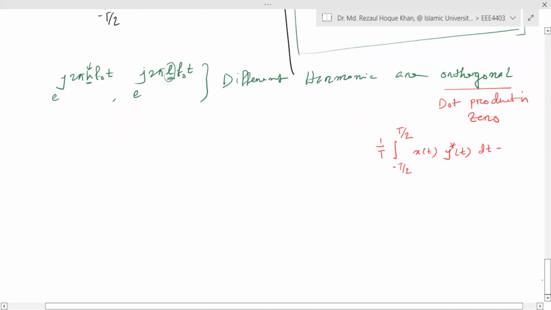If we integrate them and the value is 0, it means these two signals are orthogonal. That's what we are trying to say.